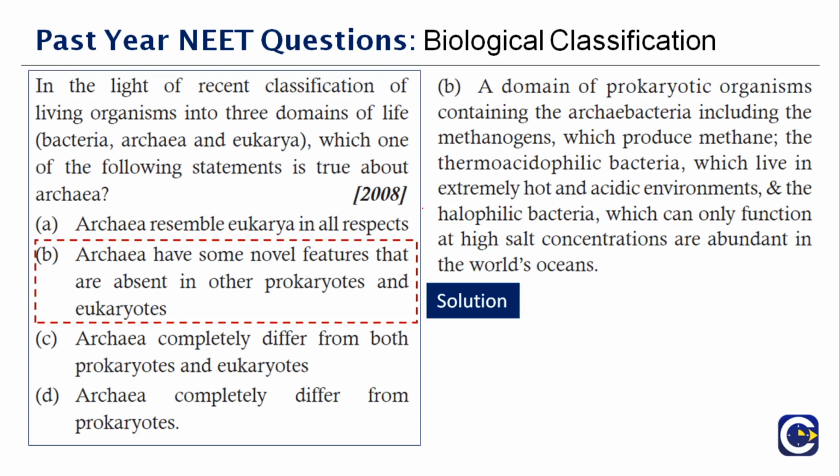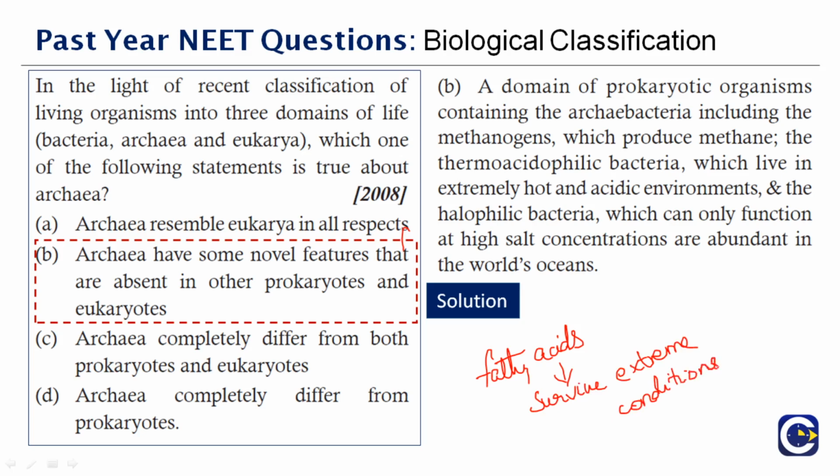Due to the presence of these fatty acids, they can survive extreme conditions. Very important here. As we already saw in the earlier questions, even in salty conditions there are bacteria that can survive, and they are called halophiles.